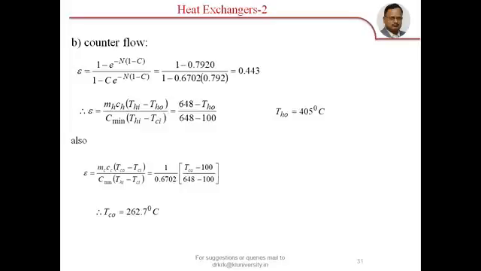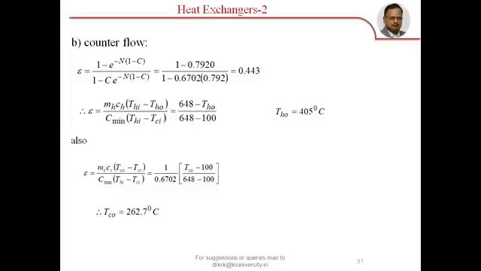Now find out the delta T of cold fluid and delta T of hot fluid. Suppose delta T of cold fluid is more than delta T of hot fluid. Because delta T of cold fluid is more, the minimum heat capacity fluid is the one which is subjected to maximum delta T. Hence, MCCC will become C minimum. That is how you have to identify.